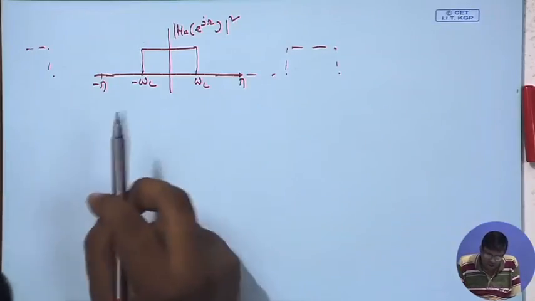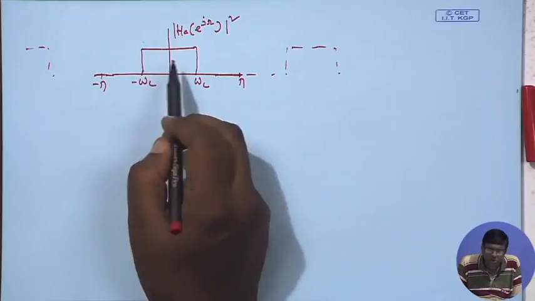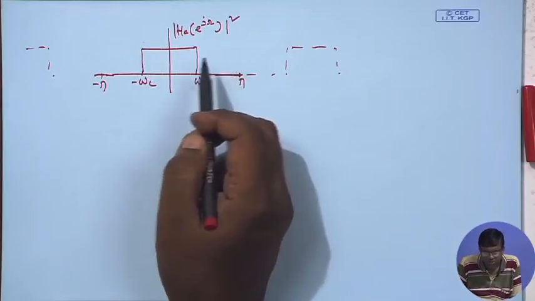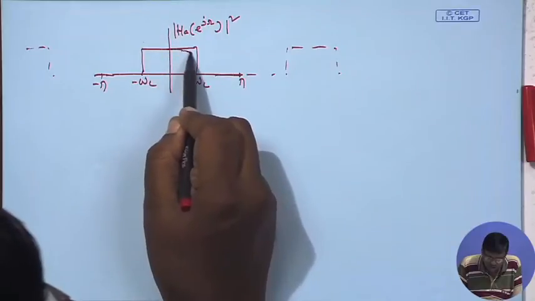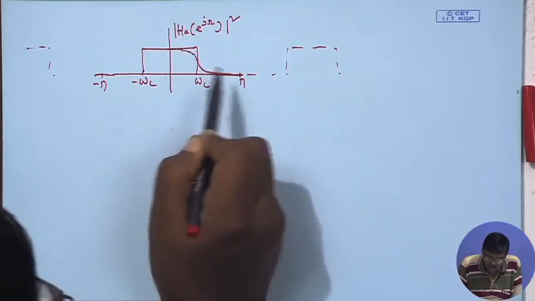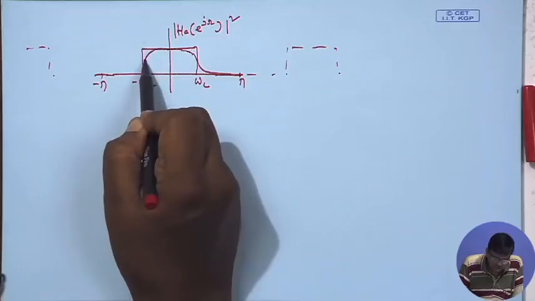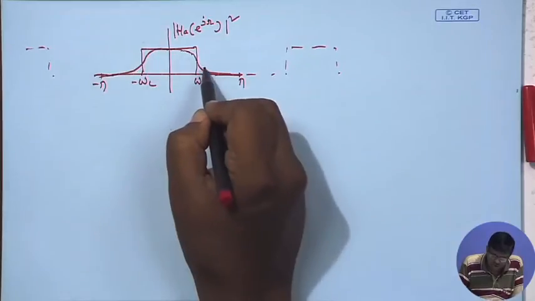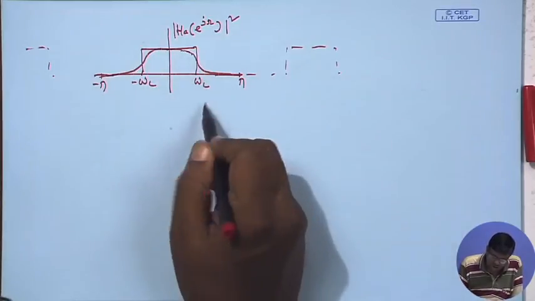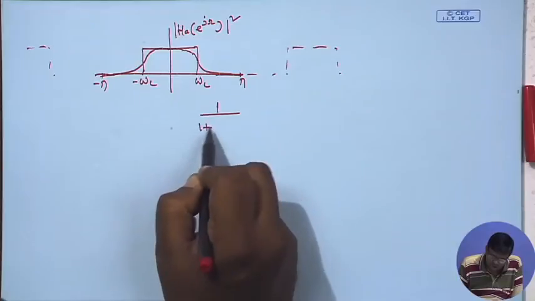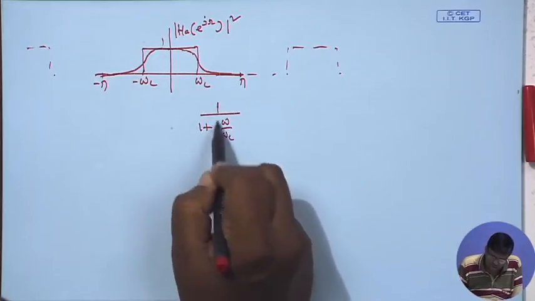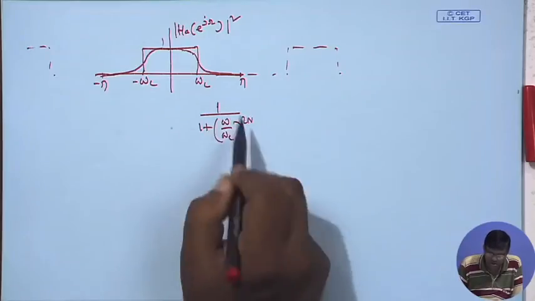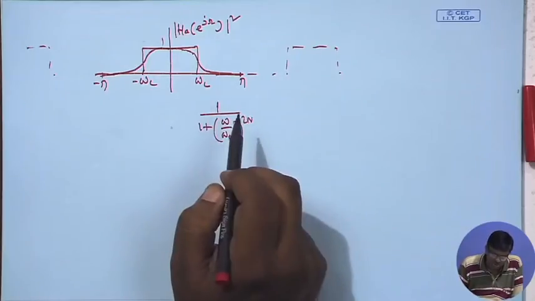But ideal low pass filter means, suppose I want to design a Butterworth filter. So, therefore, this will be approximated by a function like this. What is this function? This function will be as before 1 plus, if the height is 1, omega by omega c whole to the power 2n, if it is a 2nth order function.